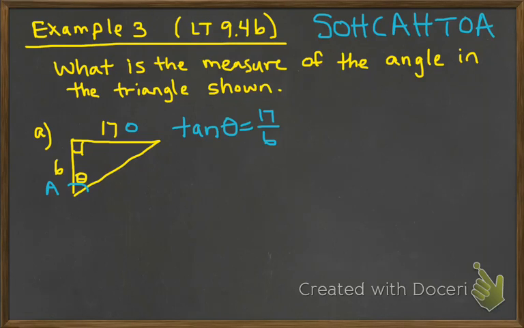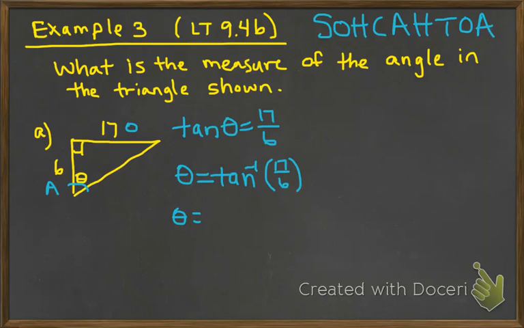To get rid of that tangent, I have to move it to the other side. To do that, I have to do the inverse tangent. So I do the inverse tangent, tangent to the -1, of the 17/6, and I type that in my calculator. With these types of problems, we're going to be working in degrees, so make sure your calculator is set in degrees.